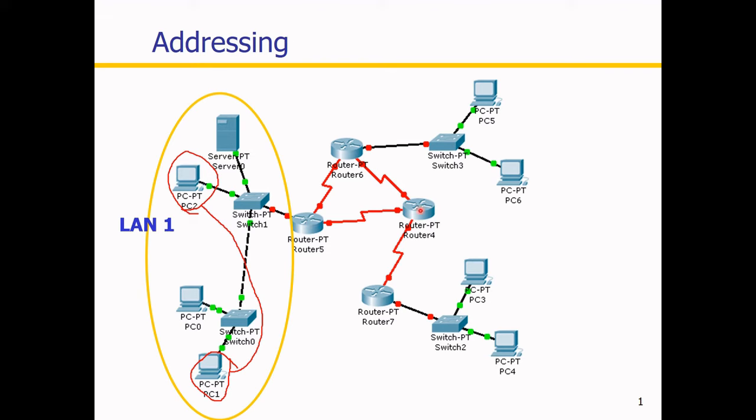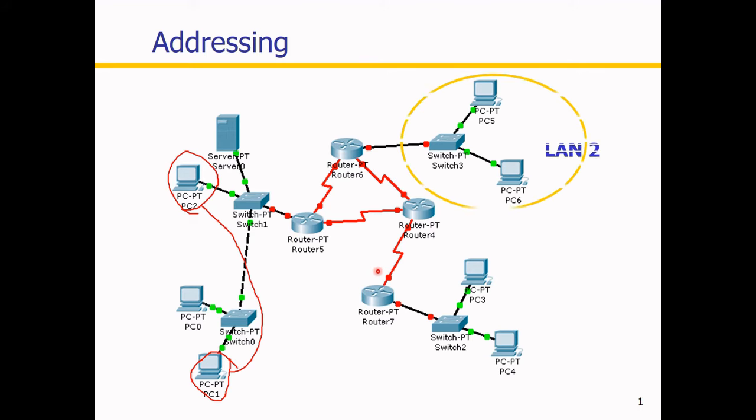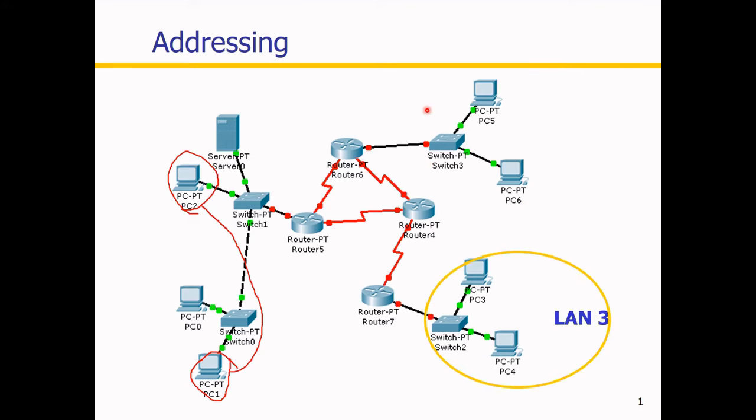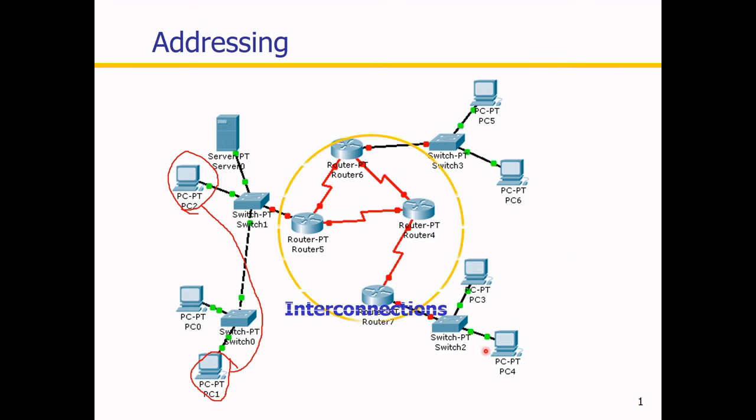So for router 4 over here, where I'm pointing at, this router has 3 different networks, this one, and this one, okay? So you see this interconnection among routers. These are also separate networks, although there are no devices added. For router 7, this is a network and this is a network, okay? So you have a network over here, and then you have a network over here, and also these interconnections are networks, all right?